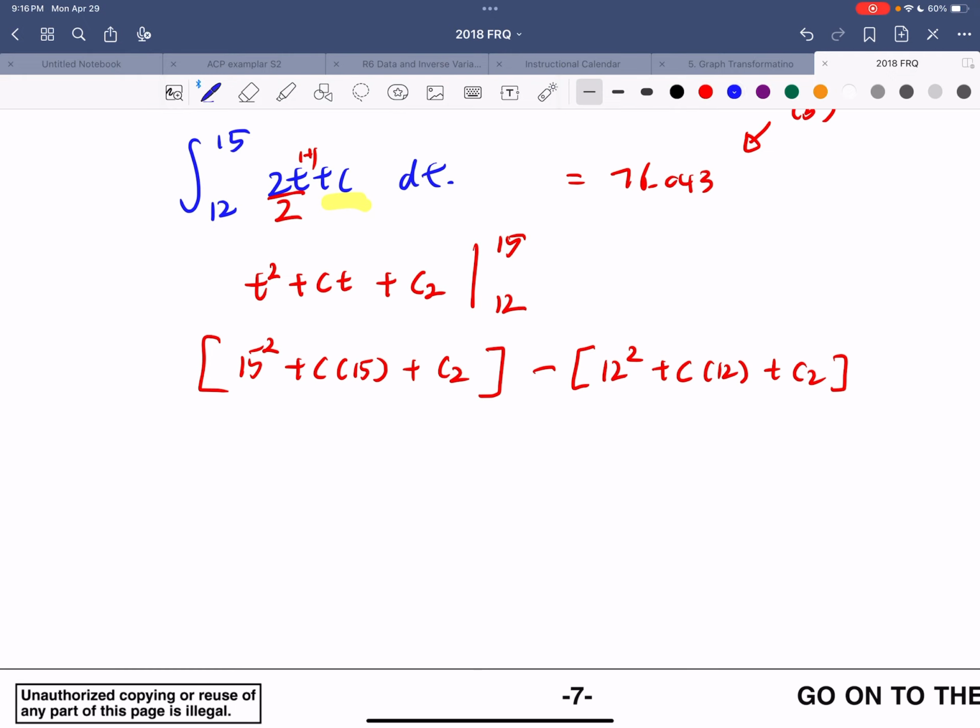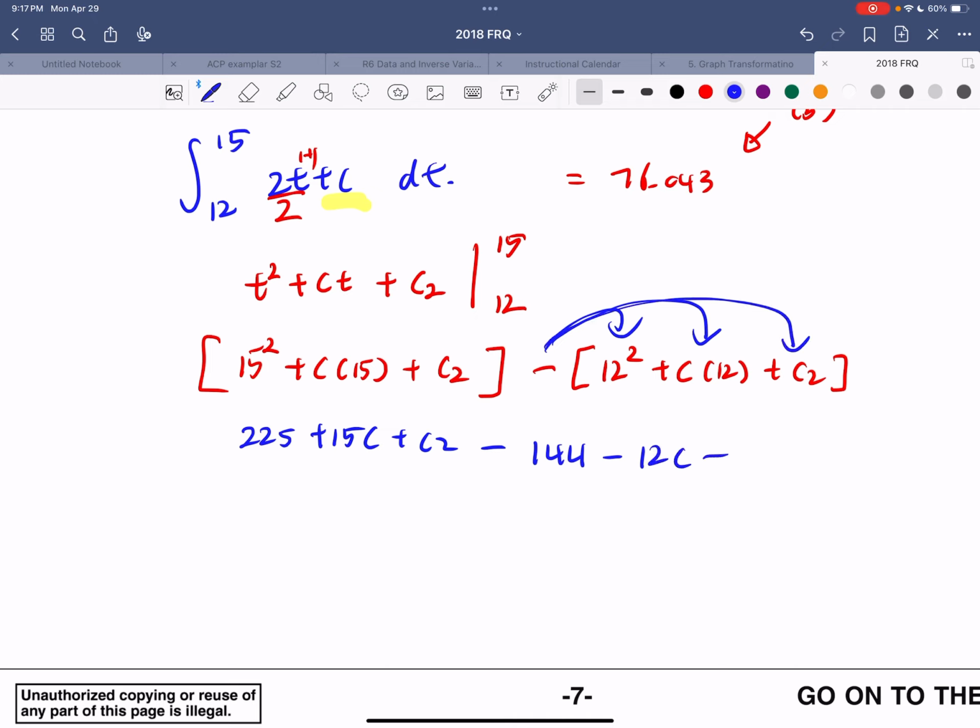When you do this, 15 squared is 225, and plus 15c plus c2, and then 12 squared is minus 144, and minus 12c, and minus c2.